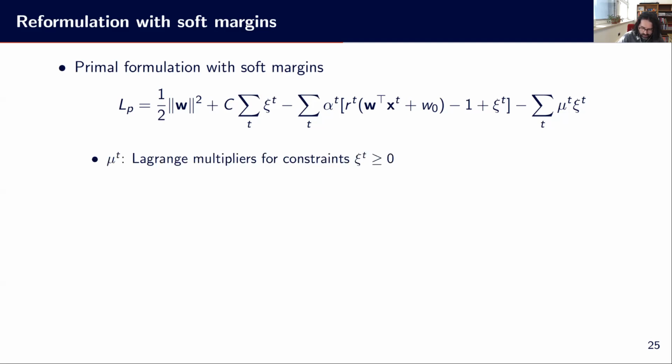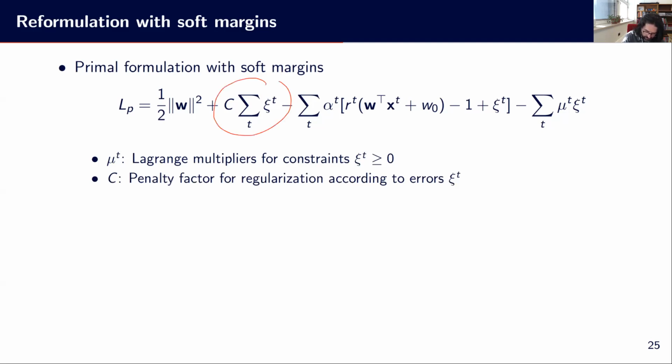So the difference here is like the μ. The μt here are the Lagrange multipliers used to enforce the constraint that the ξ are positive or equal to 0. It is to be sure that we don't get negative ξ values. This is the same thing that we had before with the alpha. We also have the C penalty. So this thing includes a C factor.